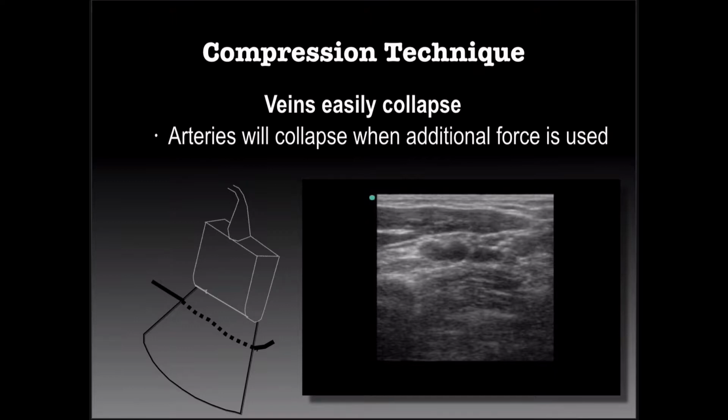Arteries will collapse if you push hard enough, but you'd have to see the diastolic pressure, and then it would pop open in systole. So you'd have to exceed both systolic and diastolic pressure like a tourniquet to make it collapse, and that's a lot of force. And then nerves, which are right here, they look like little grape clusters, they won't compress no matter how hard you push. Okay?